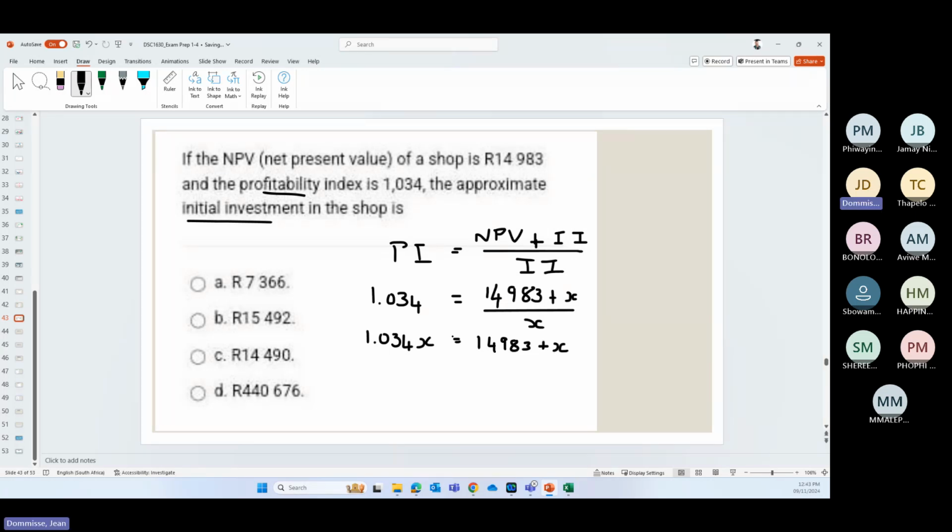Then take the x to the left-hand side, so 1.034x minus x gives us 0.034x, which is equal to 14,983.